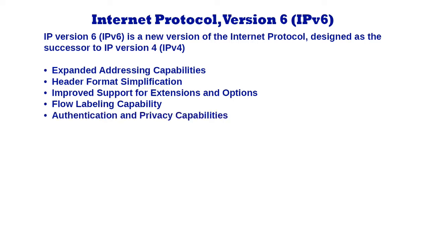Point 5 is authentication and privacy capabilities. Extensions to support authentication, data integrity, and data confidentiality are specified for IPv6.